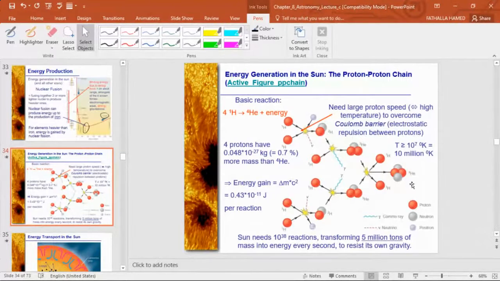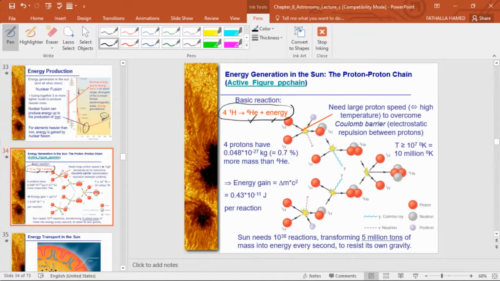And the basic idea inside the sun is that we start from a basic reaction, which needs 4 hydrogen atoms, and it will give me a helium atom plus energy. Why is that?